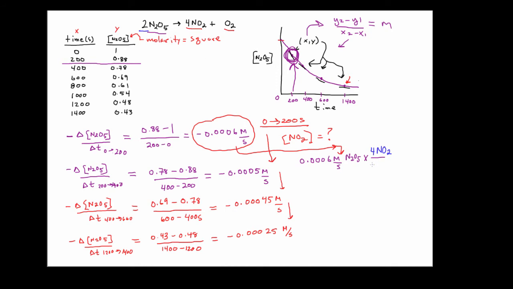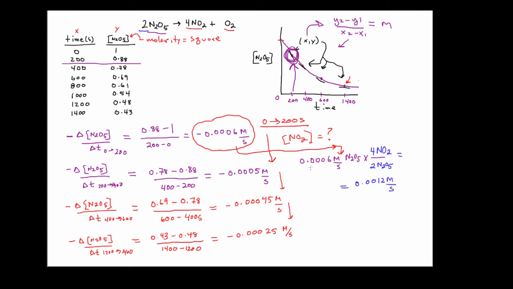So in the denominator, we're going to have 2 N2O5. And so the average rate of NO2 at this time interval is going to equal 0.0012, and that will be molarity per second.